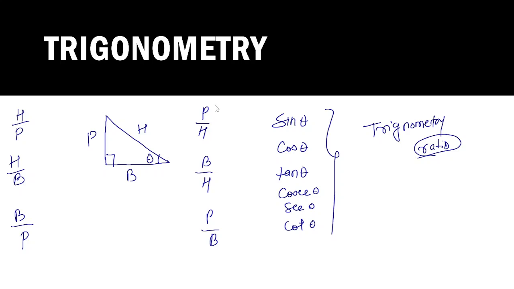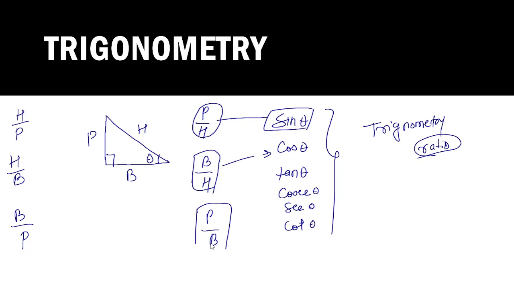So the ratio of perpendicular and hypotenuse is known as sine theta. Right? The ratio of base and hypotenuse of any right angle triangle is known as cos theta. The ratio of perpendicular and base is known as tan theta.